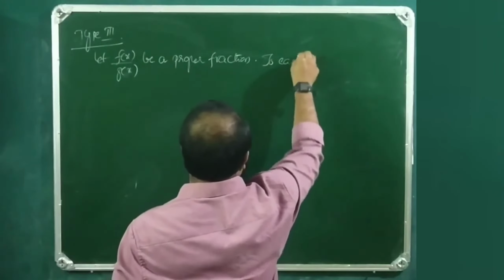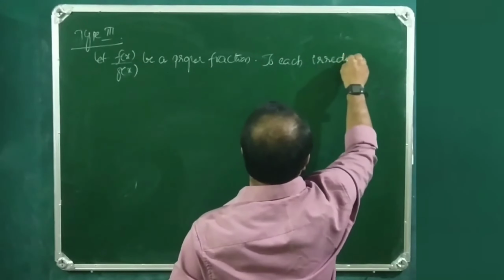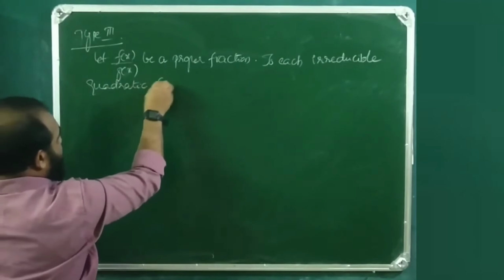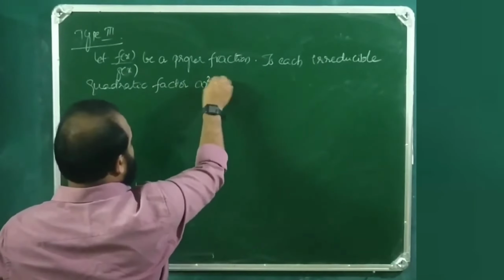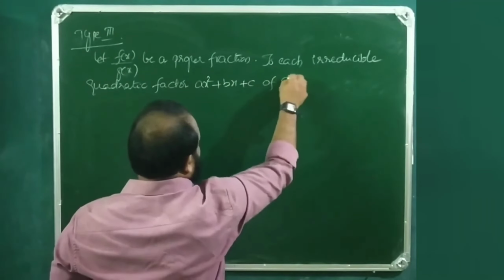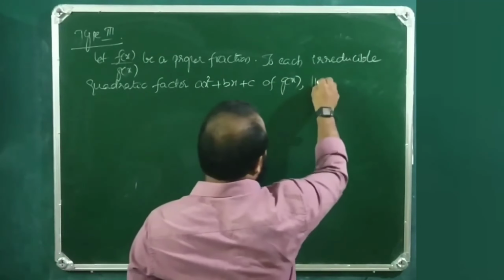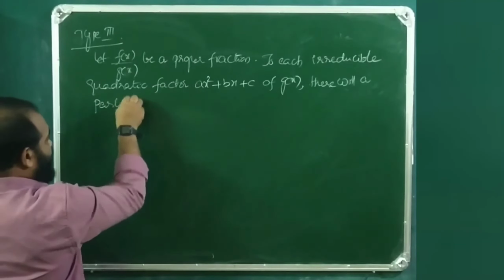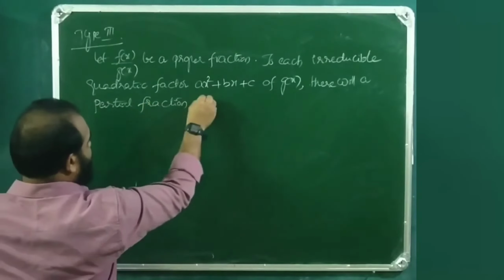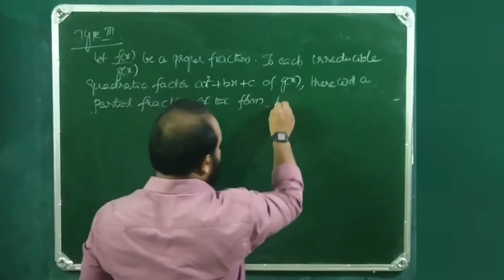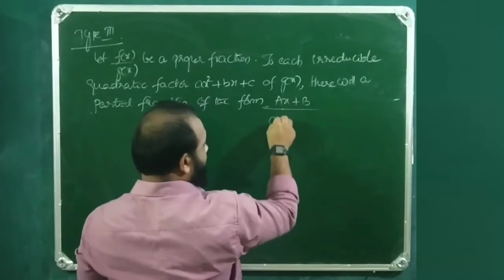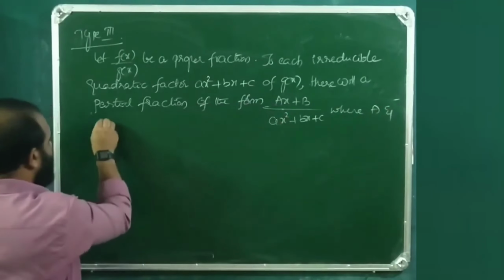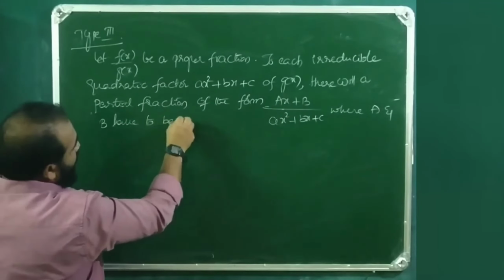To each irreducible quadratic factor ax square plus bx plus c of g of x, there will be a partial fraction of the form ax plus b by ax square plus bx plus c, where a and b have to be evaluated.